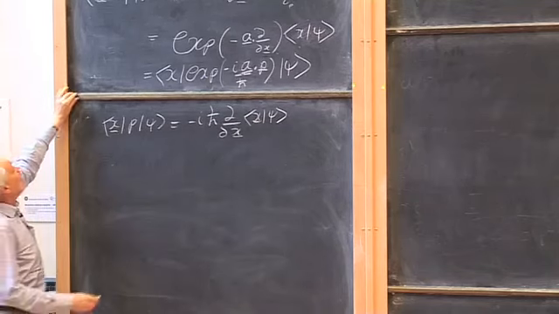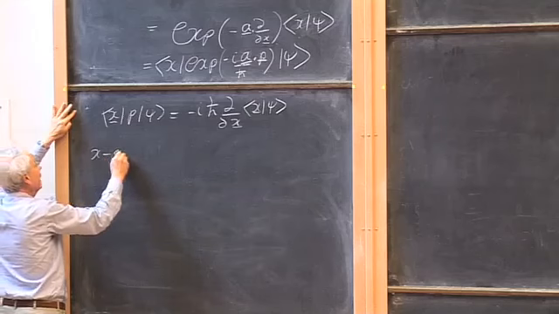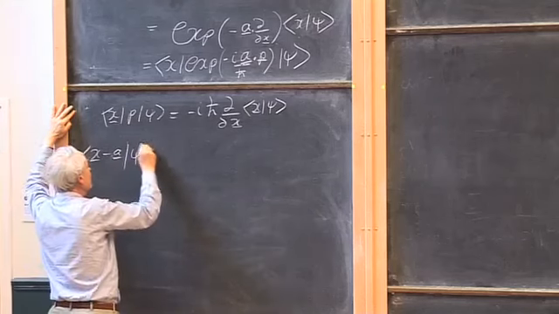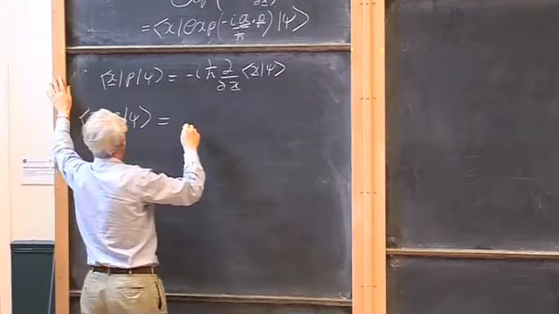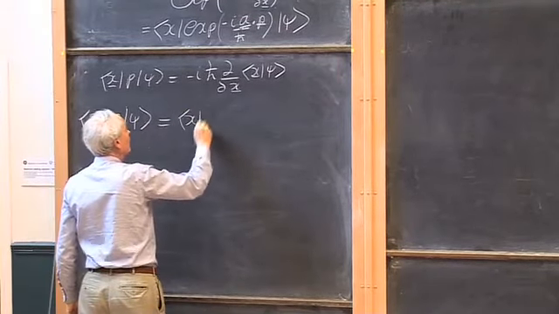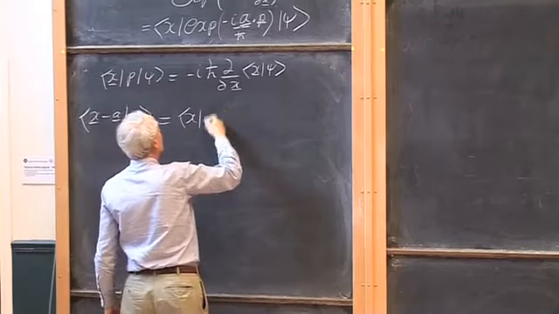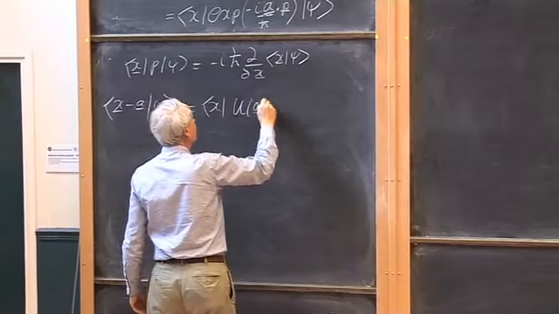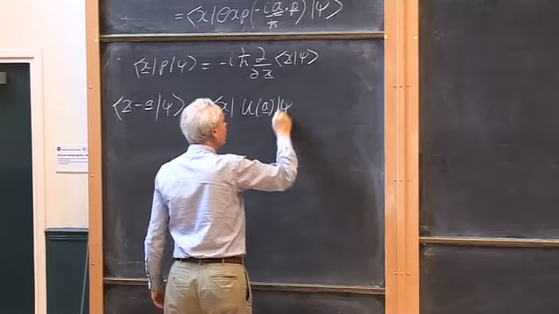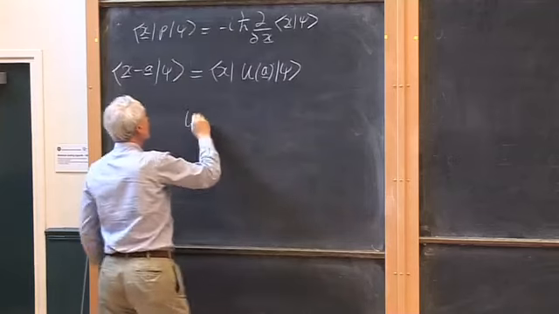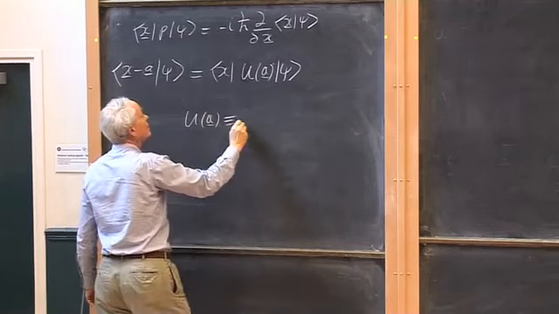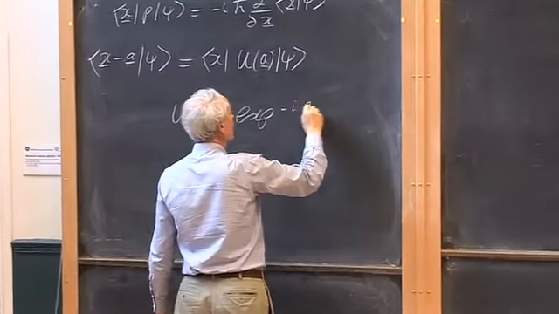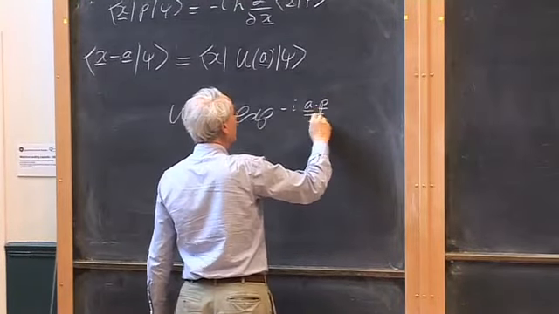So what have we discovered? What we've discovered is that x minus a on psi, this is the bottom line on this little piece of calculation, which is really only Taylor series expanding, is equal to x on u of a of psi, where u of a is a new notation for the exponential of minus I a dot p over h bar.